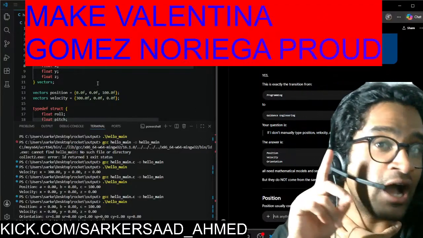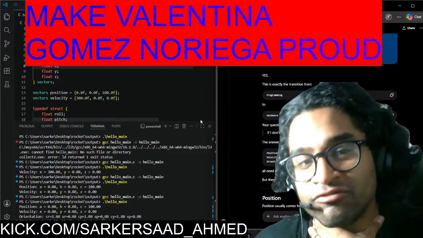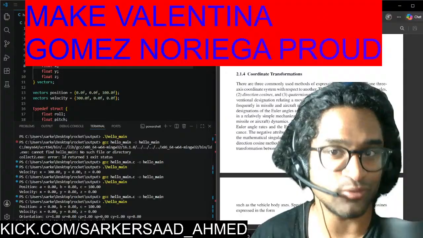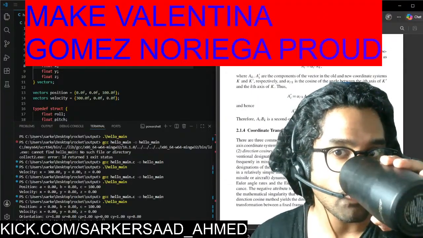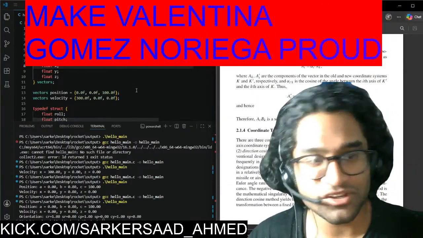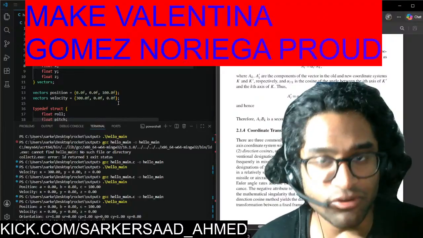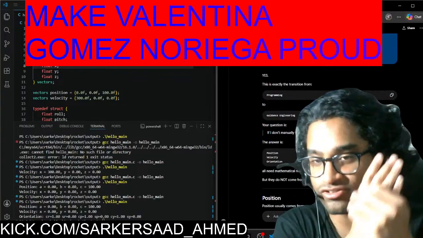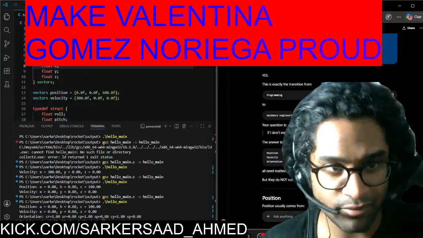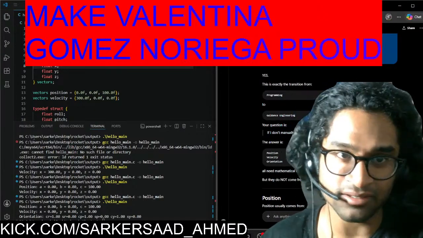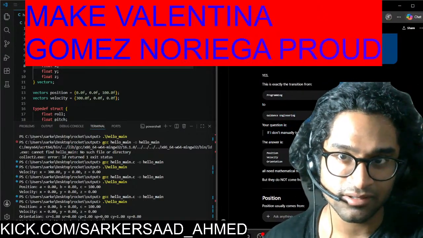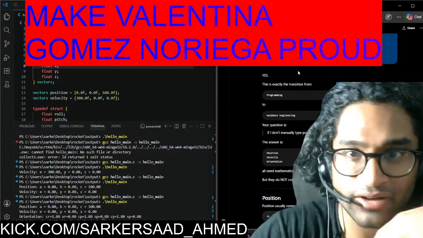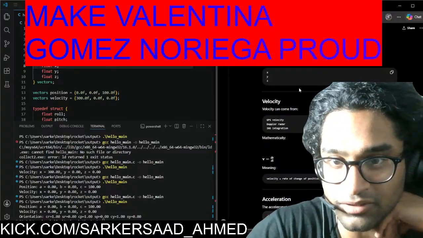Okay, so I cannot just randomly import values. I need an equation for it because I understand this book is teaching, but you need an equation for position. You need an equation because you want to train the model. Your main aspect is that you want to train the model. But training the model is done by Python, not C, right?